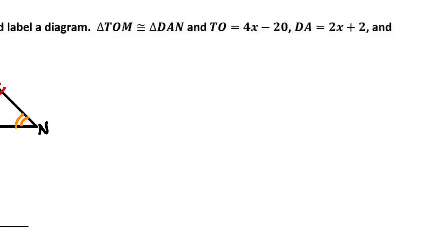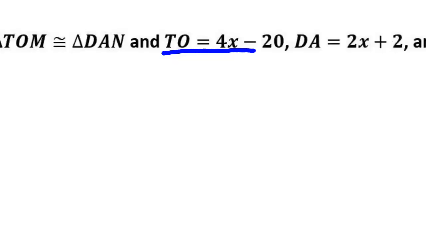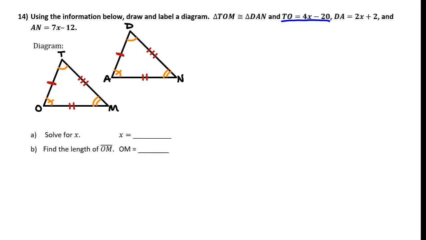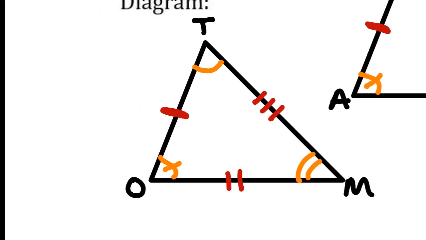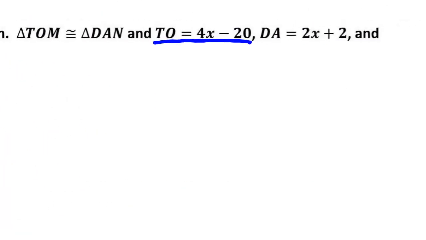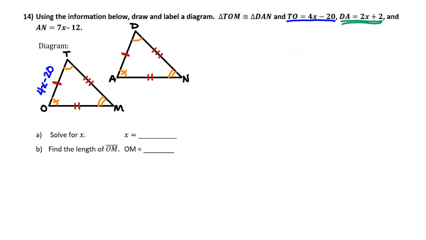All right. Then we also know that TO is 4x minus 20. We know that DA is 2x plus 2.